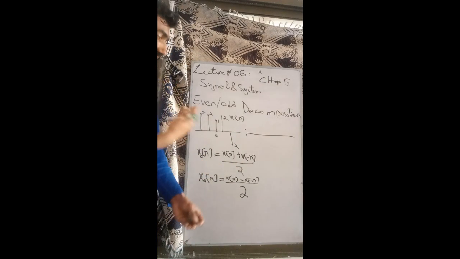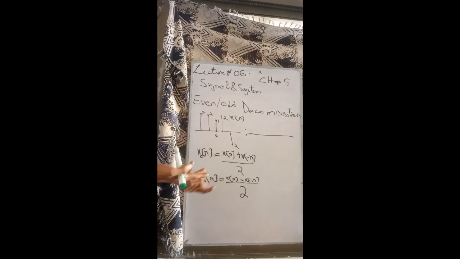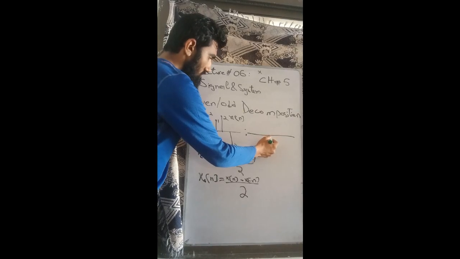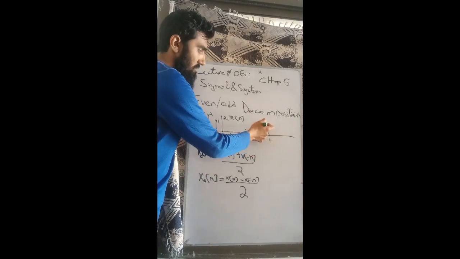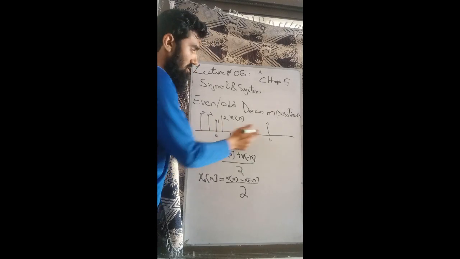The flipped version, the mirror image of this signal about the y-axis, is the reflection of the signal. So at 0 it will remain the same, 1, but this value will come to this side.